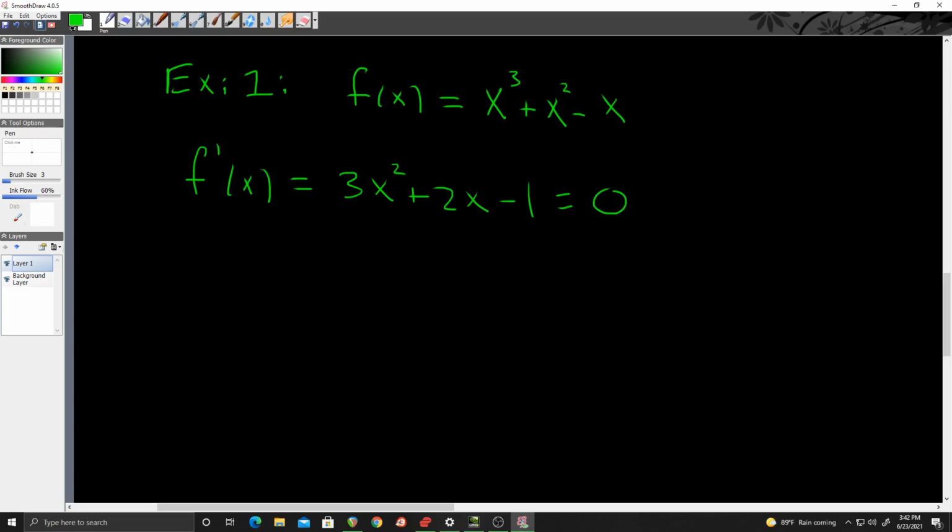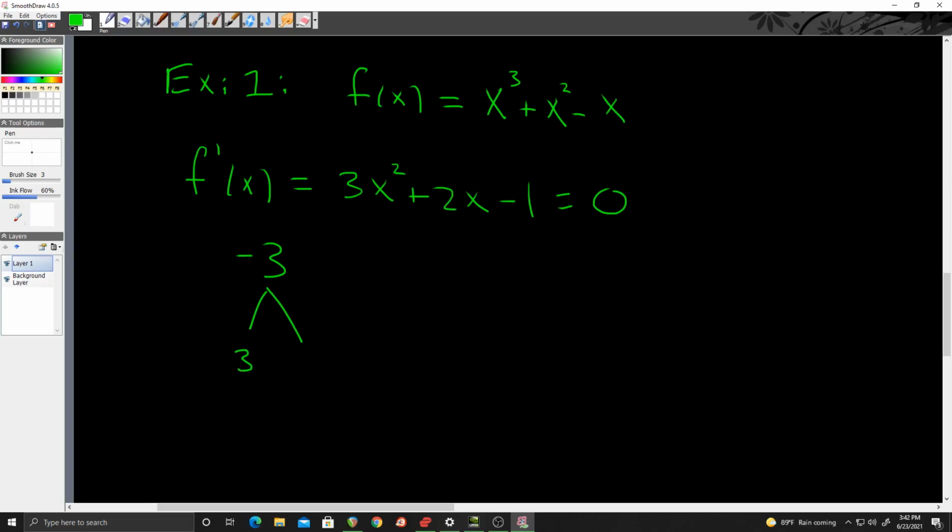Anyway, here's the derivative of the top function here. If I set this equal to 0, I now have to solve the quadratic equation. And, you know, good thing we learned how to do this in pre-cal, right? 3 times negative 1, negative 3. Now I need two numbers that multiply to negative 3 but add to positive 2.